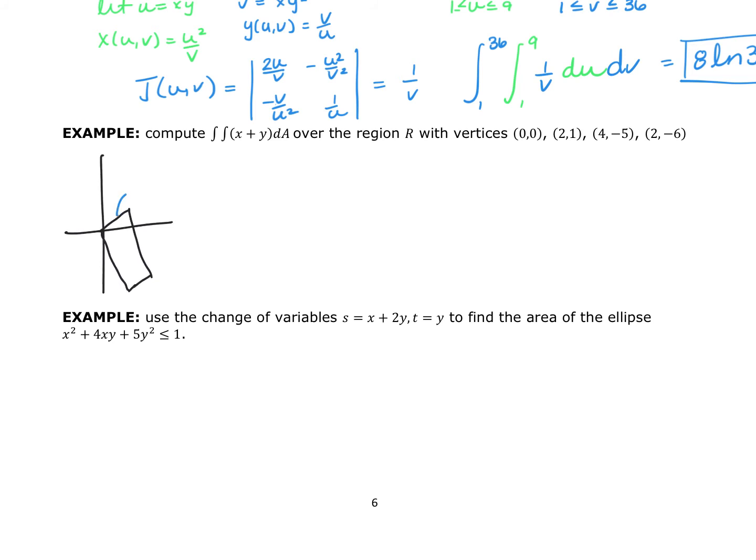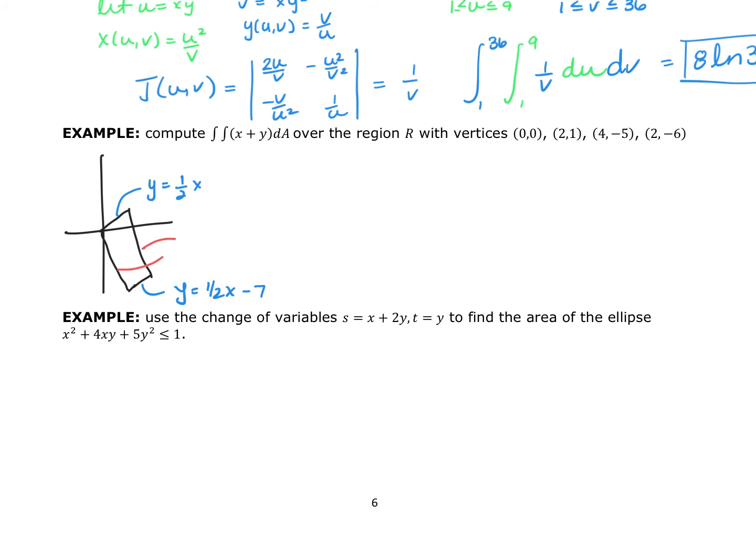I would have found the equation of this line happens to be y equals 1/2 x. And then the equation of this line, which ends up becoming y equals 1/2 x minus 7. And then I found the equations of these two lines.